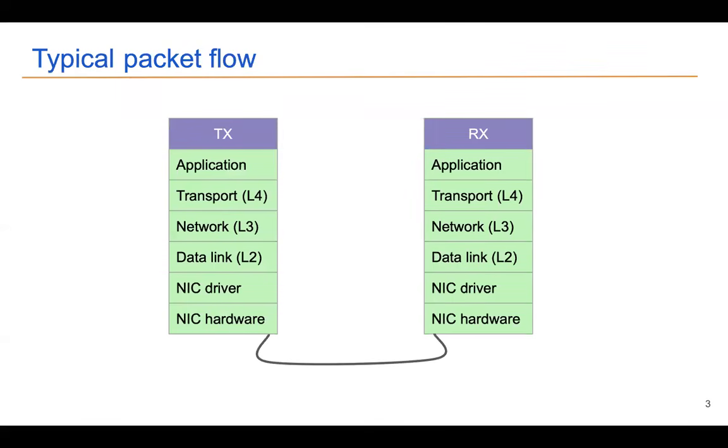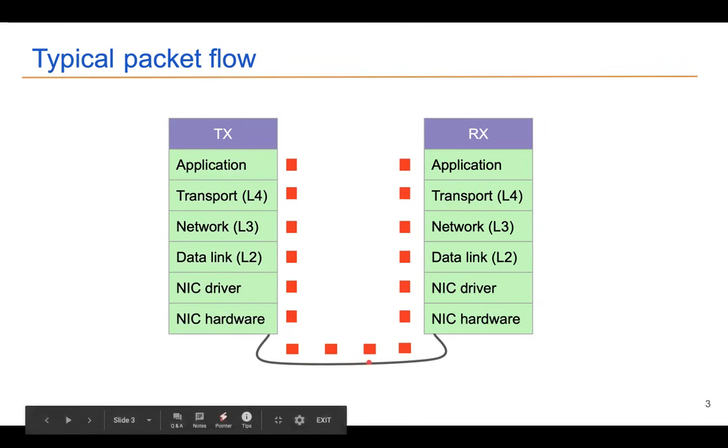Good. Since the stage is now set, let us start with the basics. How does a typical packet flow between the source and destination applications? You have already studied that the packet traverses from the sending application towards the network interface, which is then pushed to the wire, whereas the receiving NIC accepts this packet and the packet traverses all the way up to the receiving application via the network stack layers.